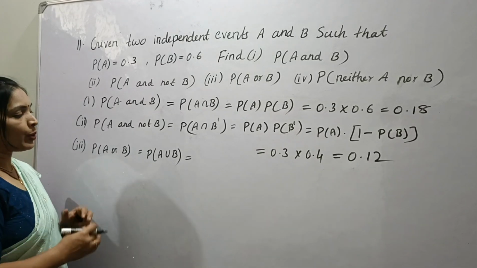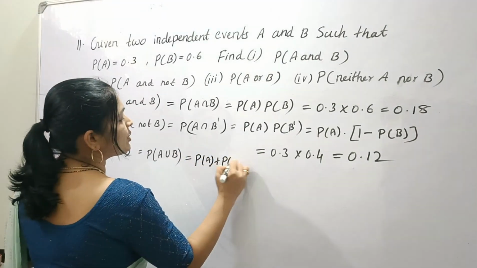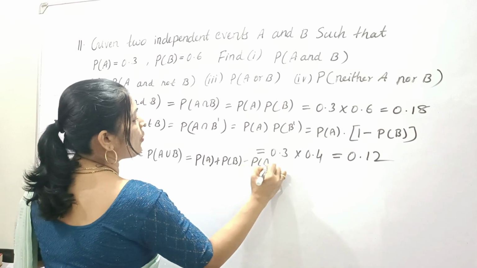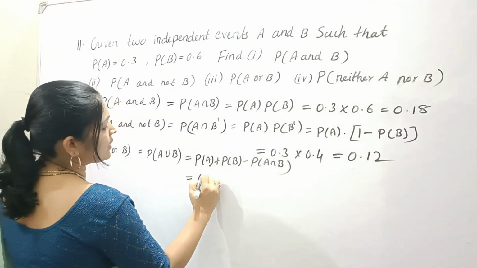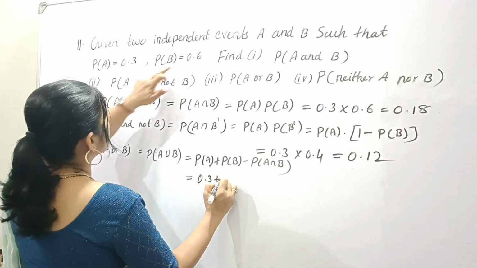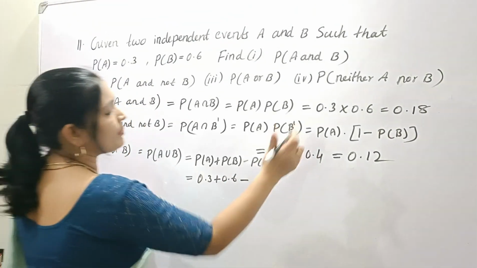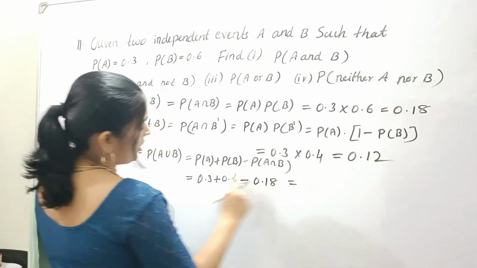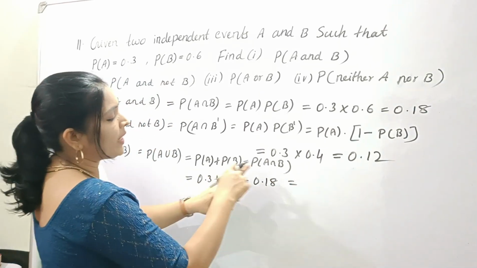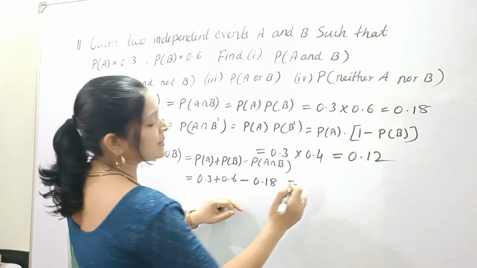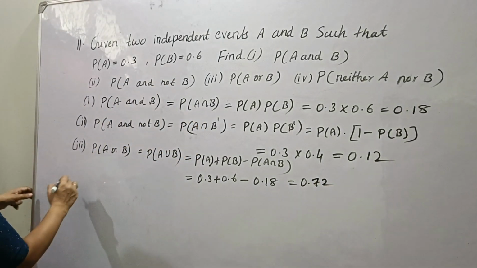We have a formula: probability of A union B is equal to probability of A plus probability of B minus probability of A intersection B. That is equal to probability of A is 0.3 plus 0.6 minus probability of A intersection B is 0.18. 0.3 plus 0.6 is 0.9, 0.9 minus 0.18 is 0.72, right?